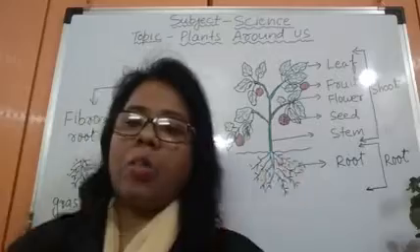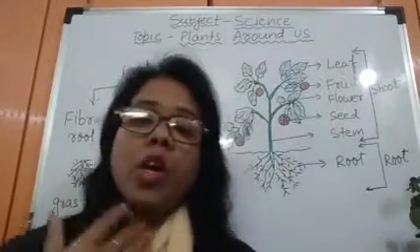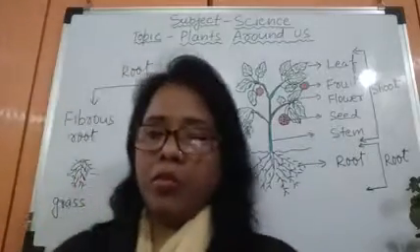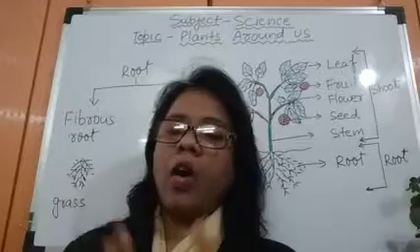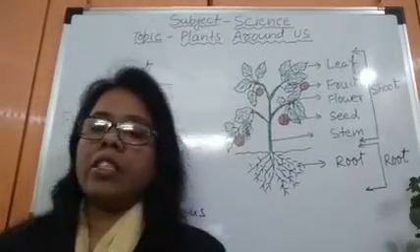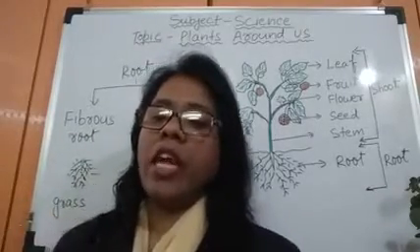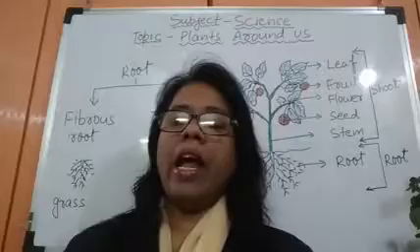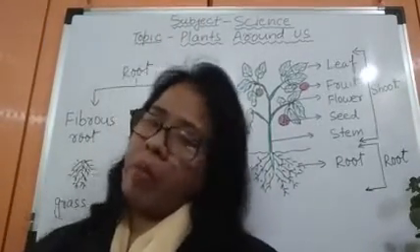Now we will know about the root in detail. So root. What is the work of root in a plant? Root remains underground. Root is under the ground, and what is the work? It takes water and nutrients from the soil, and then it transports them to all parts of the plant.